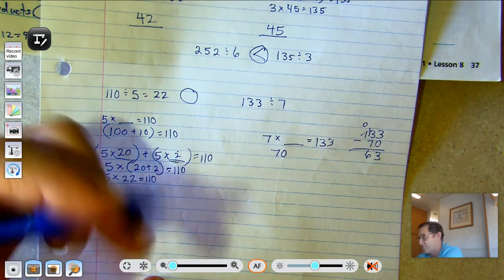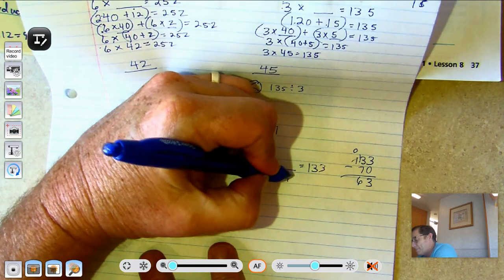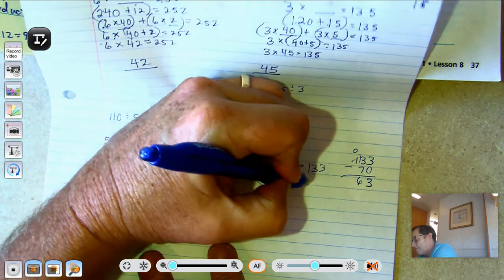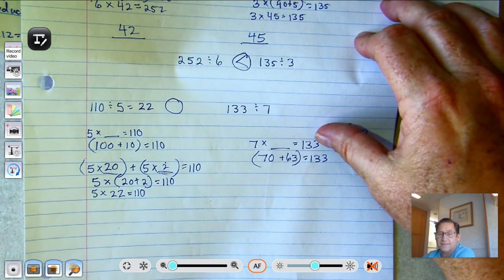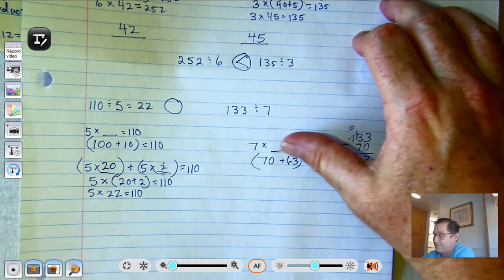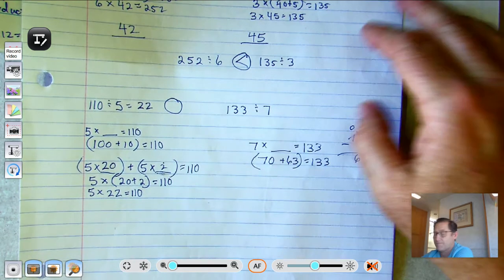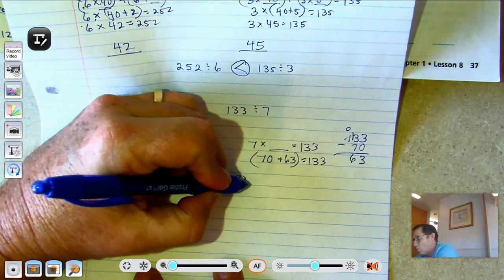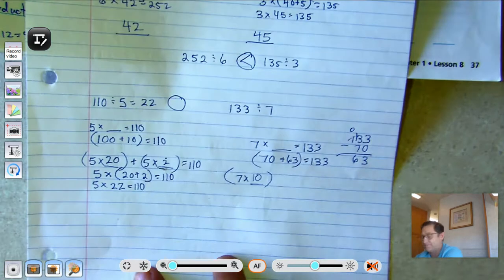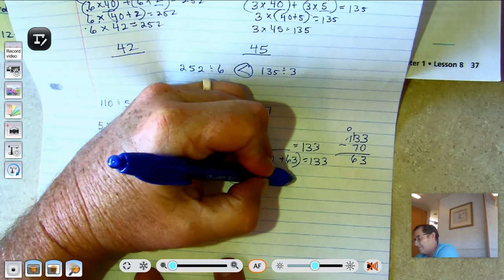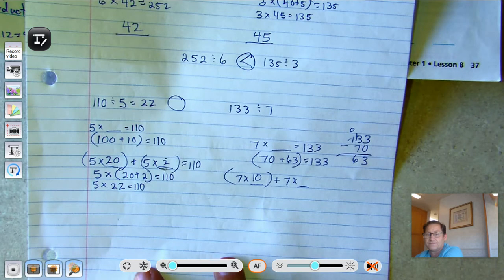Well, that's an easy factor for 7. 7 times something is 63. 7 times 9, right? Okay, so we're taking the product here and breaking it up into two smaller products. So 7 times what is 70? 7 times 10. Plus 7 times what is 63?